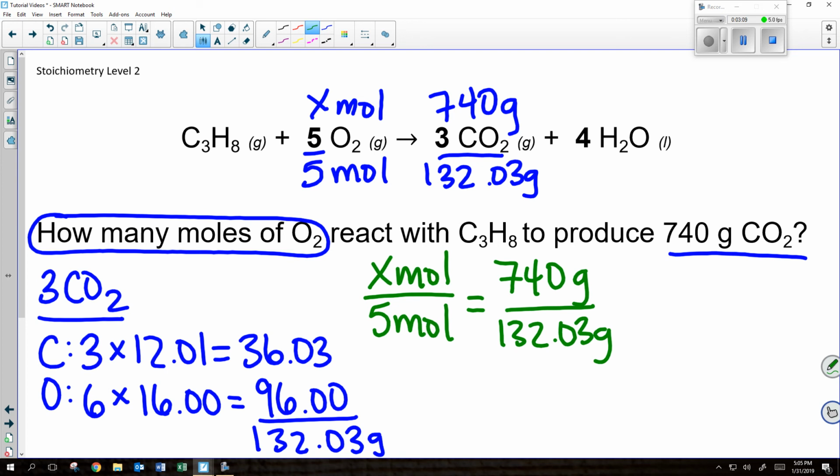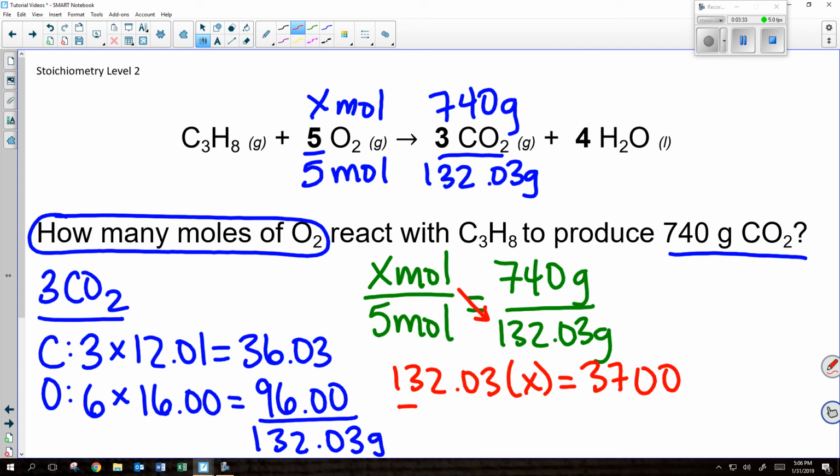So at this point, I cross-multiply and solve for X. Multiplying this way, I get 132.03X equal to 5 times 740. When you multiply 5 times 740, you get 3700. So to solve for X, I divide both sides by 132.03.